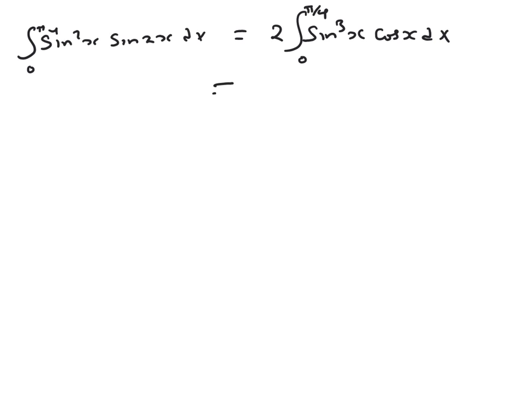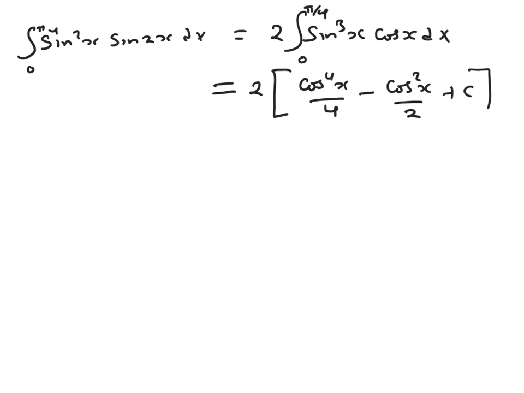But you know, this is like the first example, so we shall not bother ourselves going through the same process. This is cos power 4 x over 4 minus cos squared x over 2 plus c from 0 to pi over 4. So the task you have is to substitute in and get the answer. C will cancel out in the process of subtracting the lower limit from the upper limit, so don't worry about that.